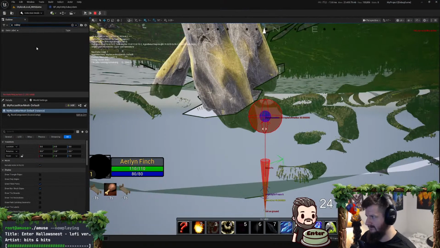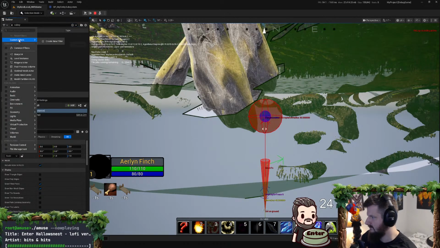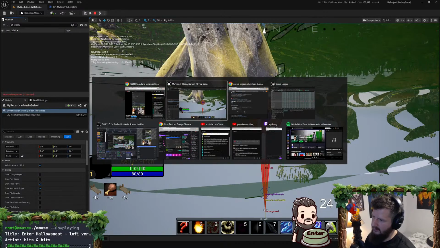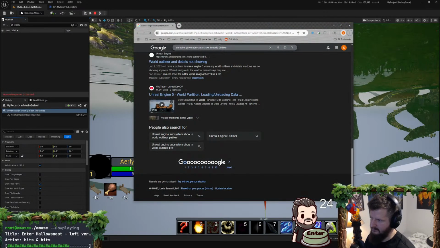And edit that. Edit the engine. Is there really not a way for it to show at all?